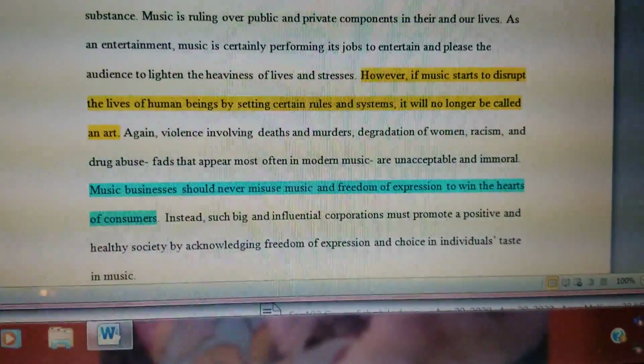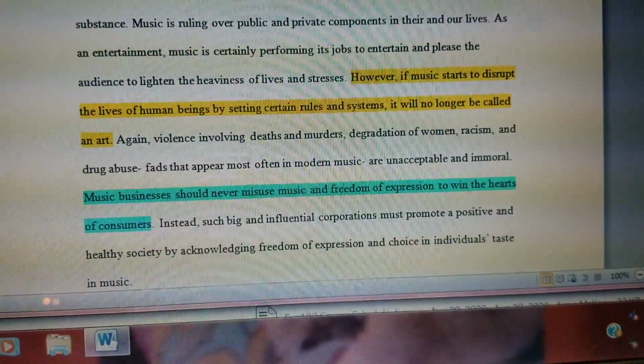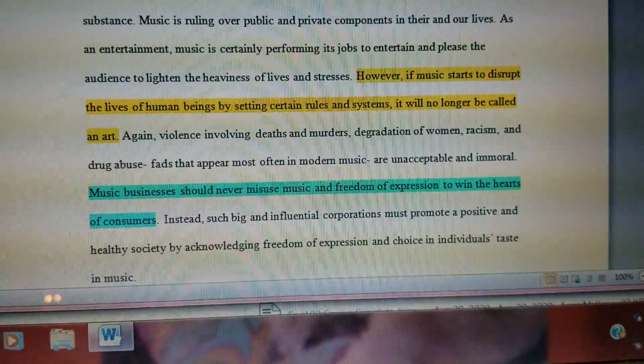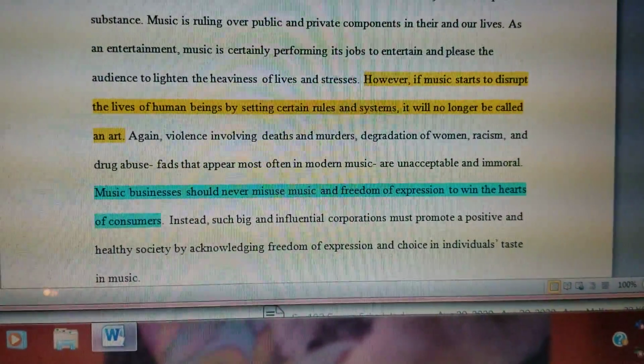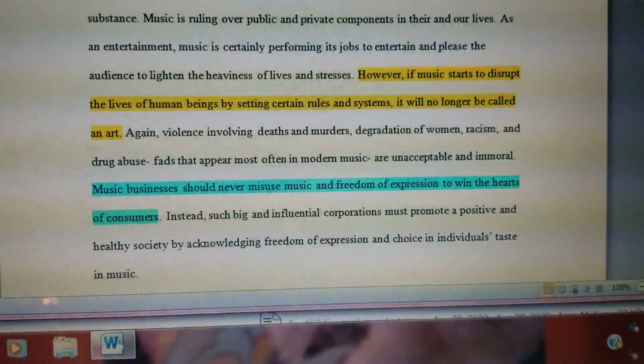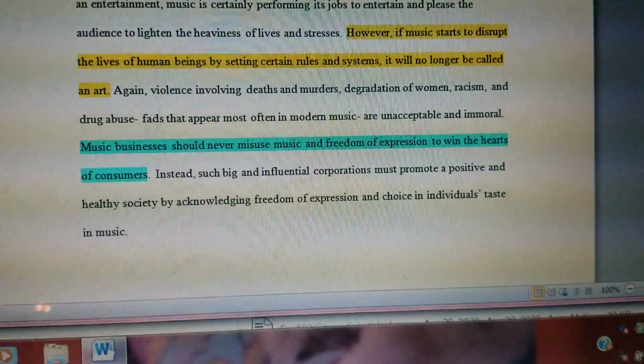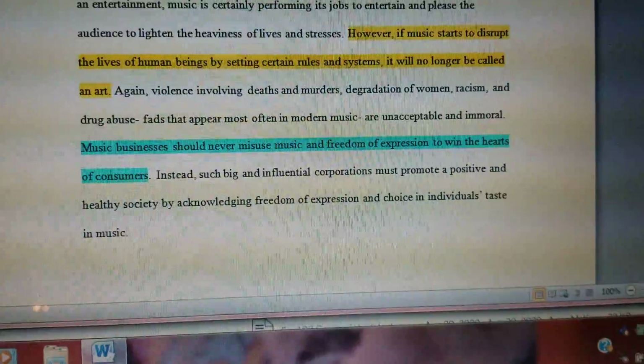However, if music starts to disrupt the lives of human beings by setting certain rules and systems, it will no longer be called an art. Again, violence involving deaths and murders, degradation of women, racism, and drug abuse, fads that appear most often in modern music, are unacceptable and immoral.